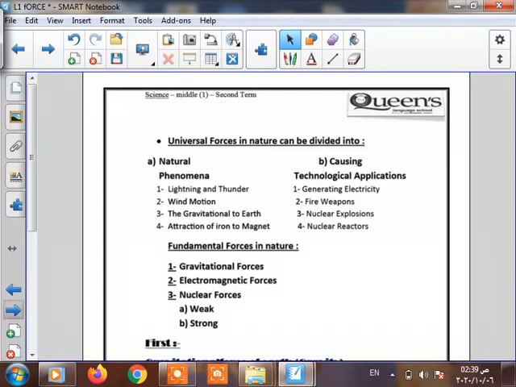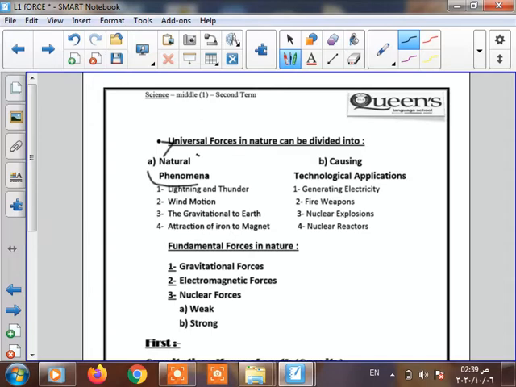There are many types of force found in nature, and we can divide them into two main types: forces found in natural phenomena and forces causing technological applications.